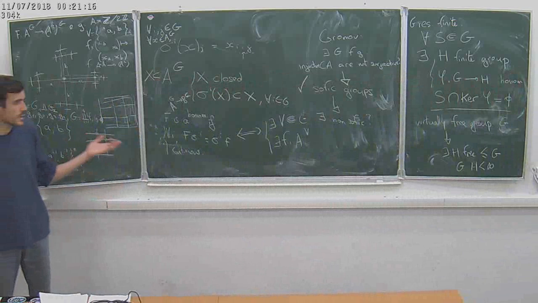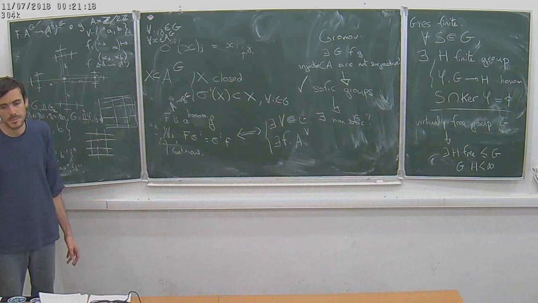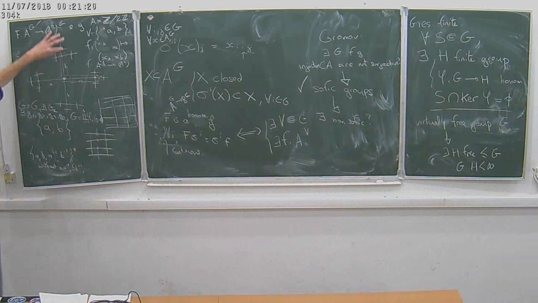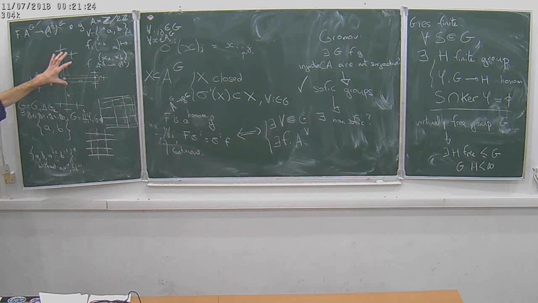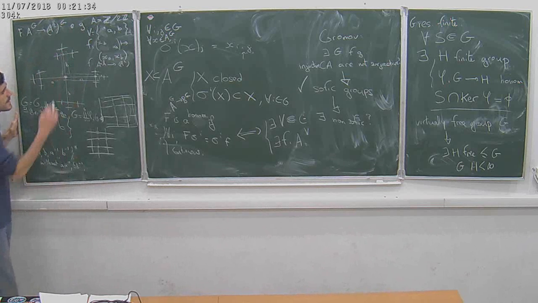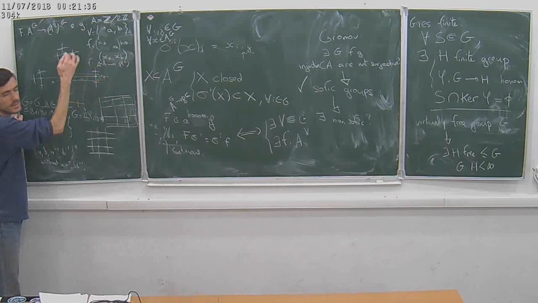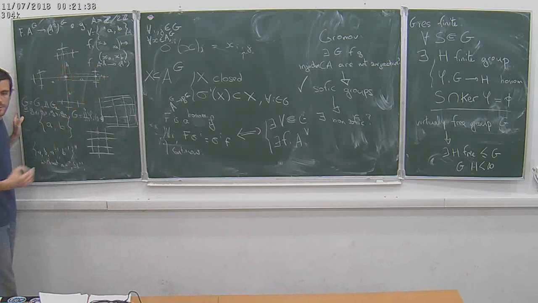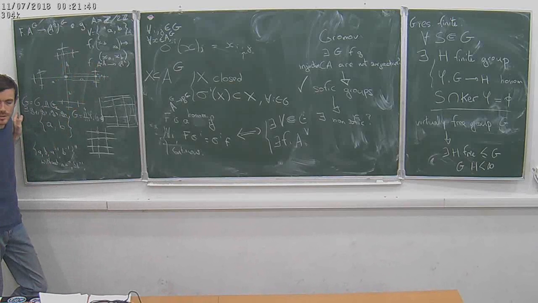So Z is virtually free, and you know that the emptiness problem is decidable. Here, if you have an SFT on the free group of order 2, you cannot build a strongly aperiodic subshift. Basically, there are not enough interactions between the branches to embed some computation.